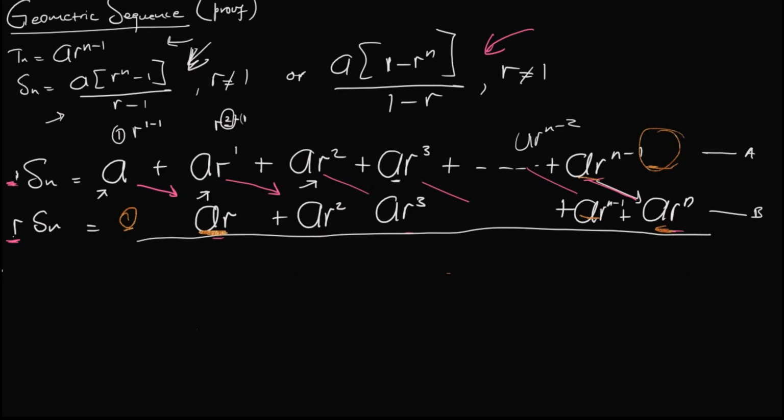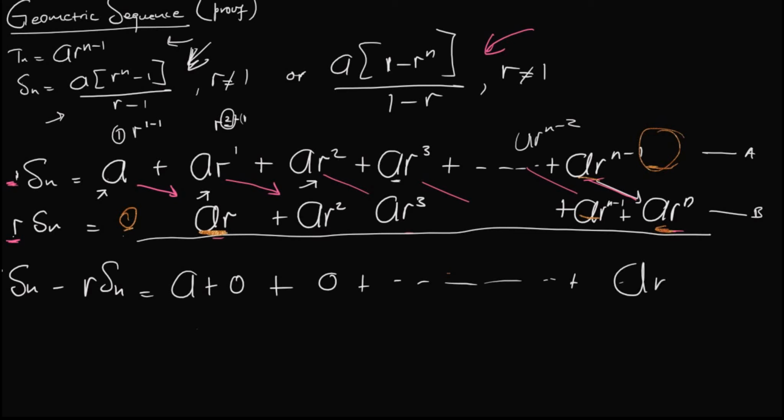Okay, done with that. So Sn minus R times Sn, which is equation A minus equation B. So this is equal to A minus 0, which is A. Then this is 0, 0. What's the last one? It's ARn.